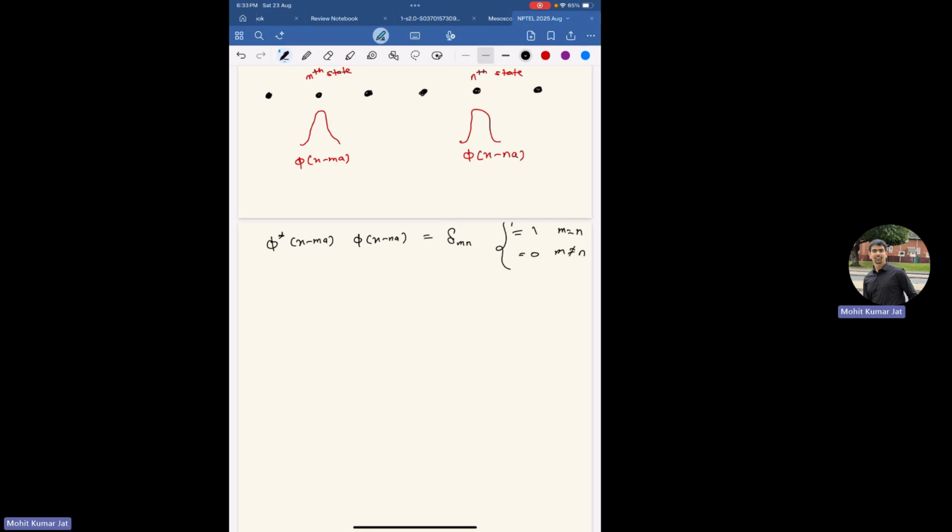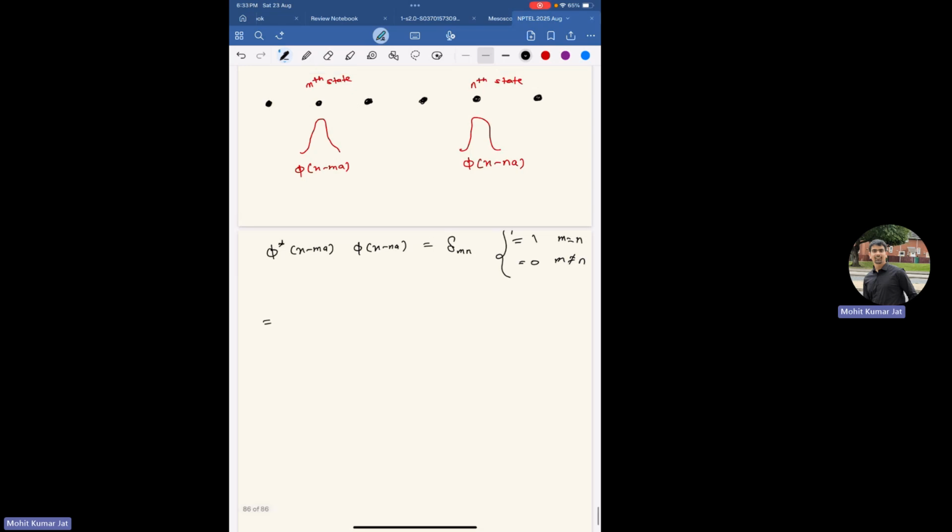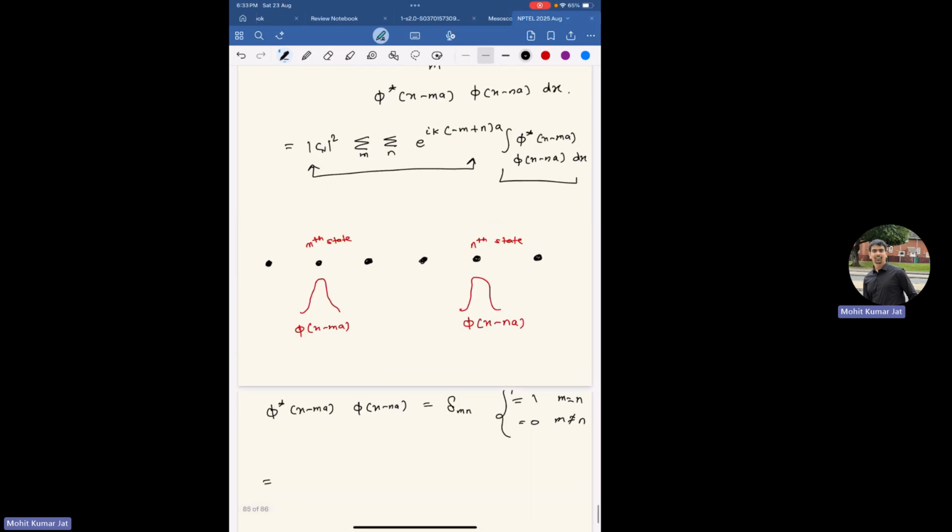And that essentially gives you that your wave function will boil down to capital N squared, summation over m, summation over n, e to the power i k times (minus m plus n) a times delta mn, right?